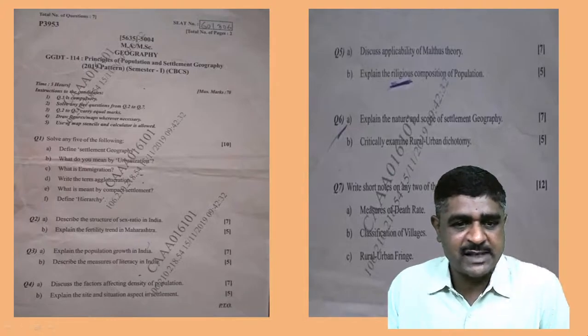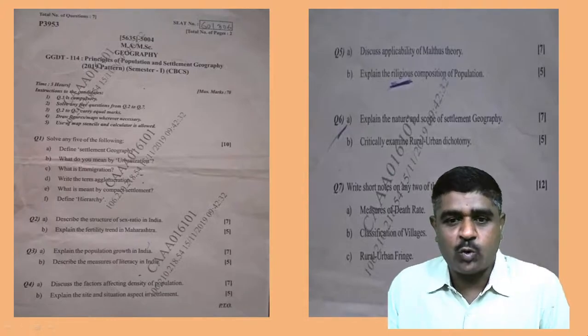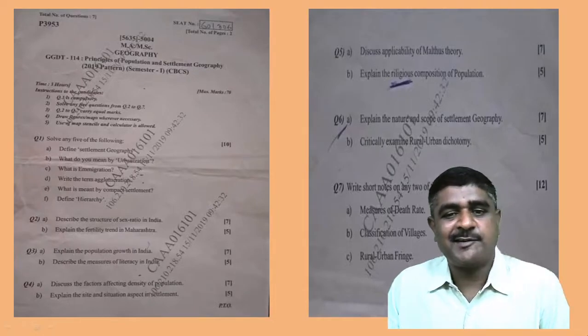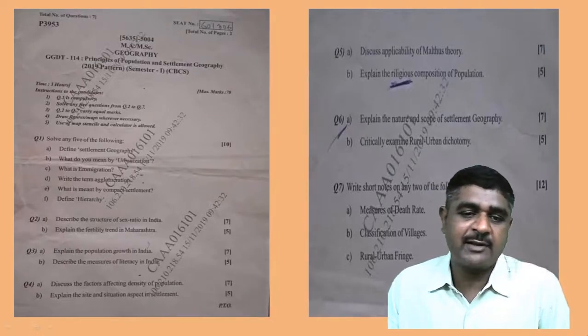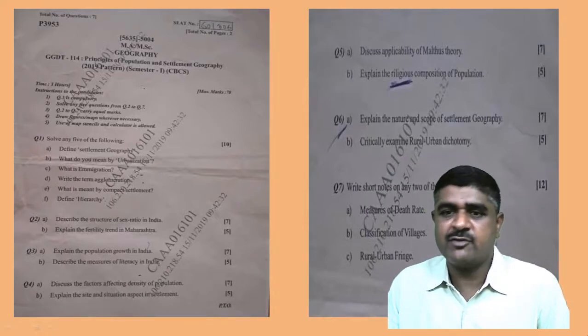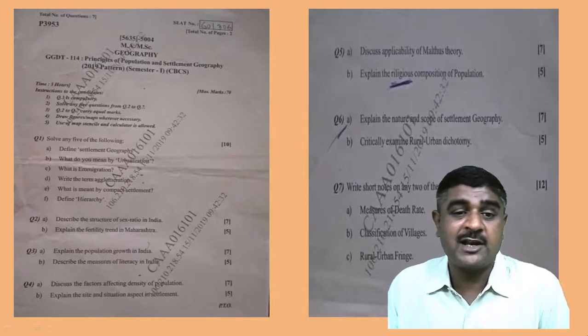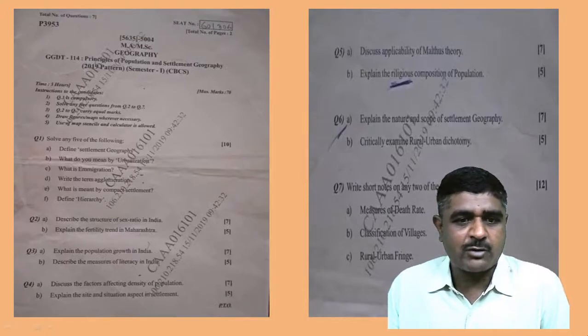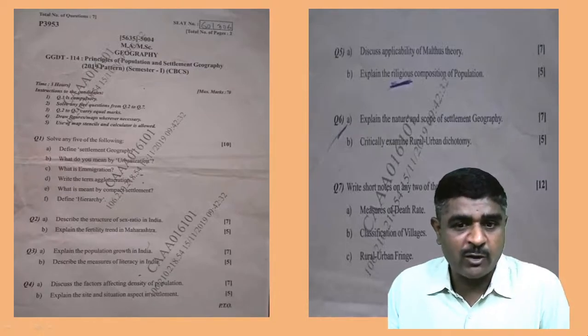Then question number 2 has 2 questions and carries 12 marks. Question number 3 has 12 marks. Question 4 has 12 marks. 5, 6, 7, each question has equal marks. Then among these 6 you will solve any 4 questions.